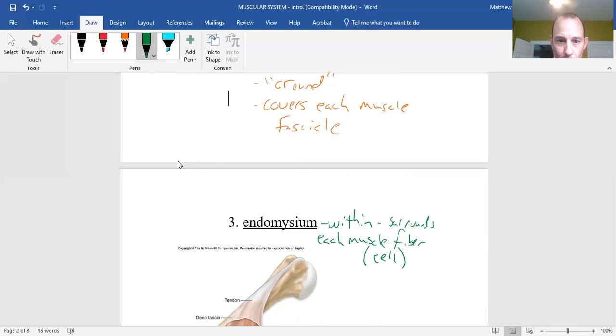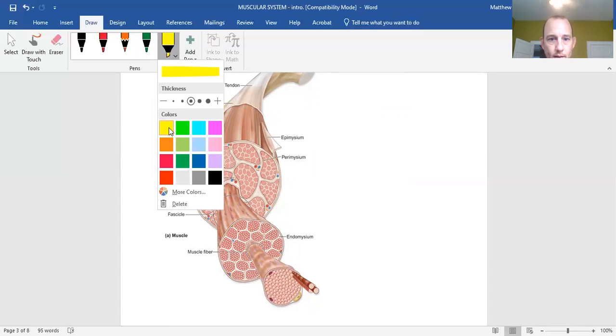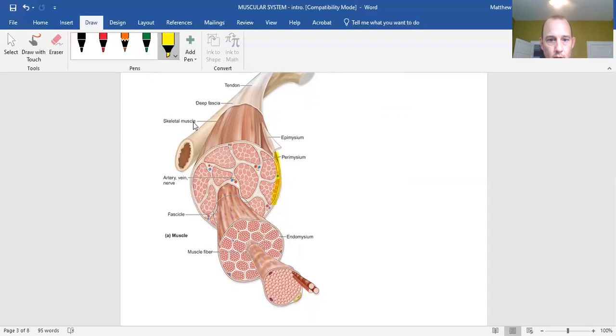Let's look at a different picture right quick just to make sure that we recognize and understand, because this is not the same picture that we have above, but you should be able to distinguish all of the structures making it up. Look, this entire thing here, which would go around all of this, this is your muscle group.